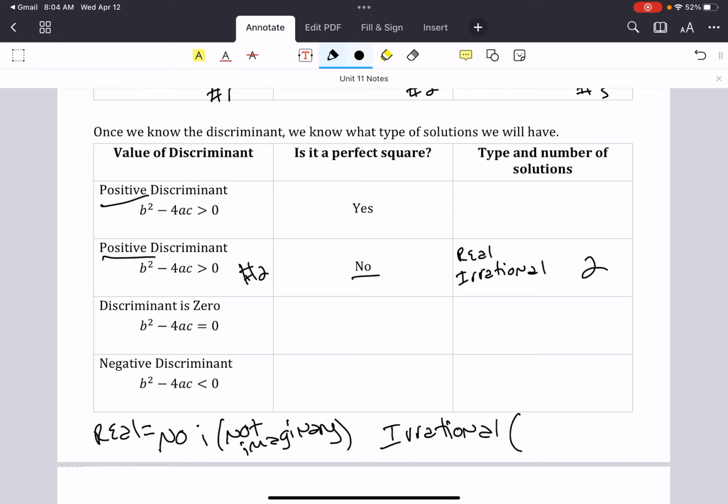If it's irrational, that means that there's still a square root in the answer. Not the answer for the discriminant, but the answer when we use the discriminant to solve the quadratic in a minute.